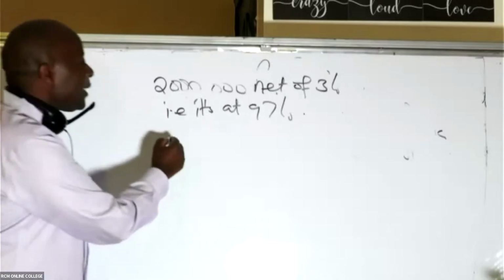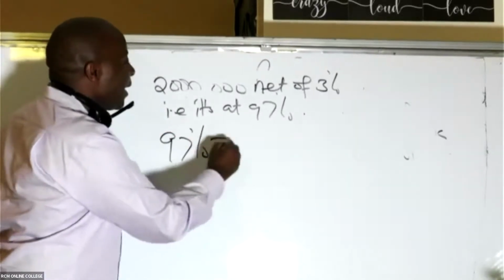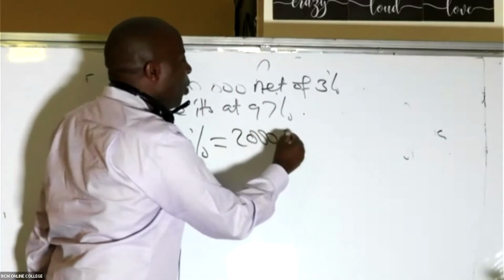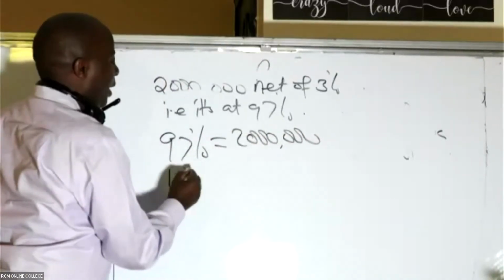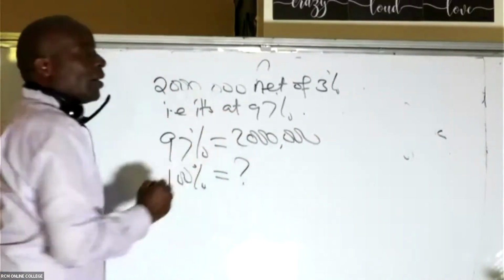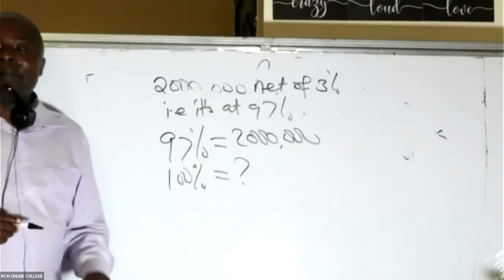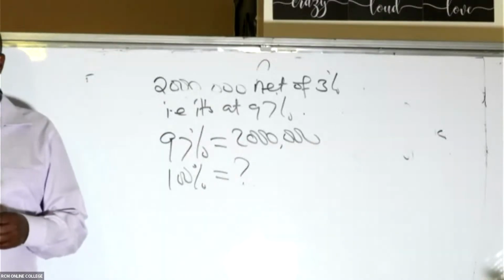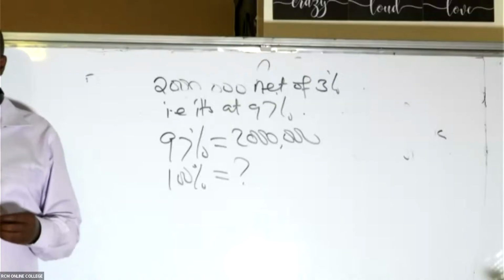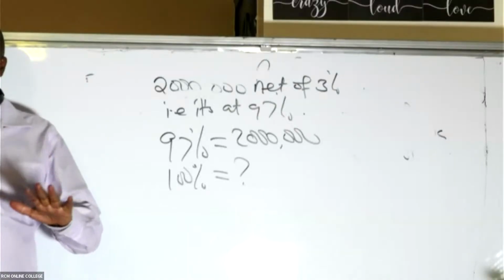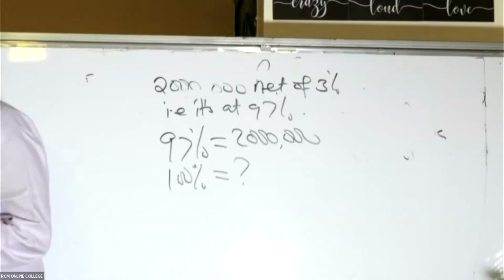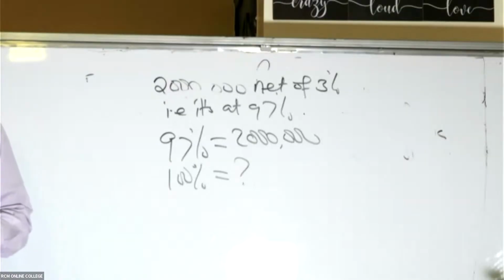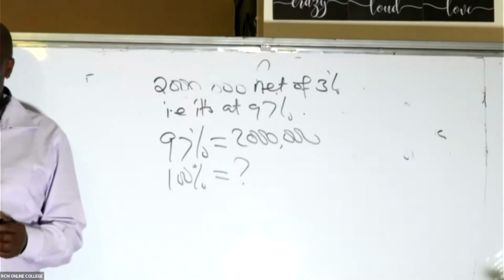So then if 97% equals 2 million, how about 100%? That's how it grosses up. How about 100%? Are you able to do the abracadabra?